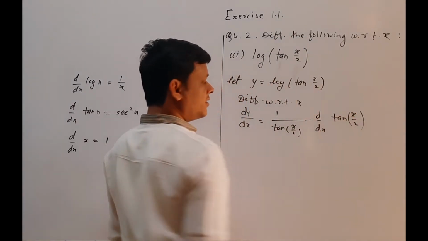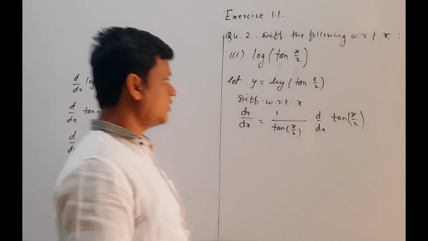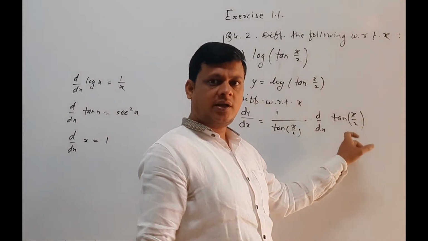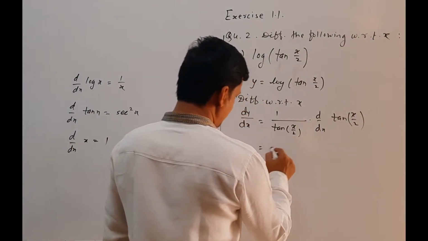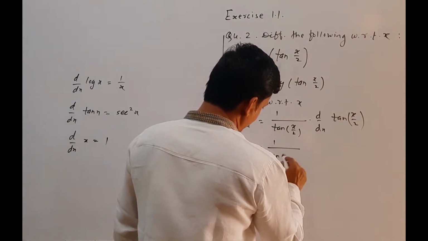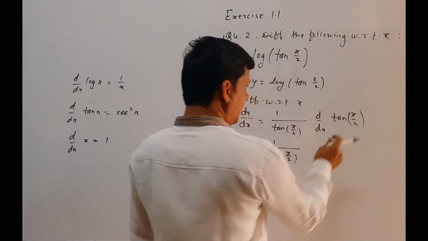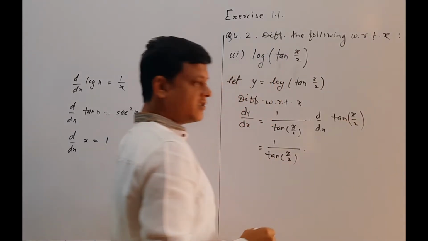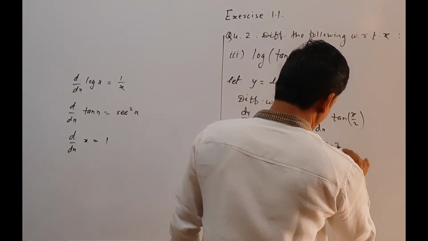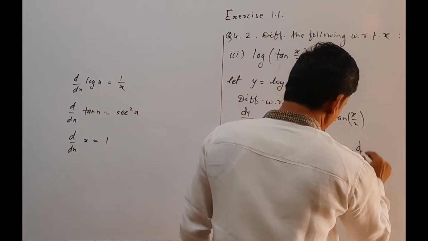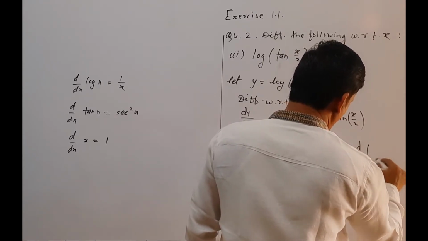Now this inner function is also a composite function because we require tan x, but here in place of x the value is x by 2. So we write here 1 upon tan x by 2 as it is. Then the derivative of tan x is sec square x. So we write this as sec square x by 2 into d by dx of x by 2.